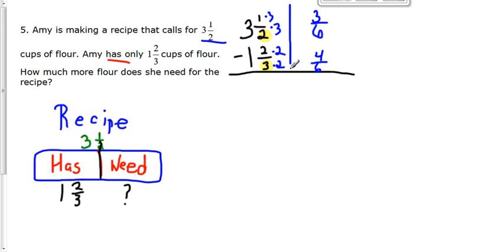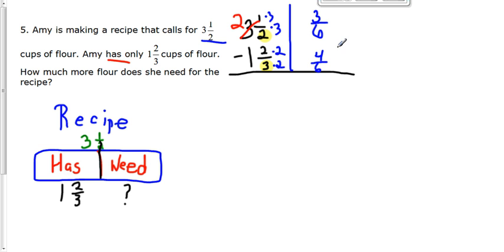So then I want to look at my problem and do 3 take away 4. Well, 3 can't take 4 from 3. It's not enough. So just like any subtraction problem, I have to go over to my neighbor and borrow from my neighbor. So the 3 becomes 2 and I borrowed 1 whole.